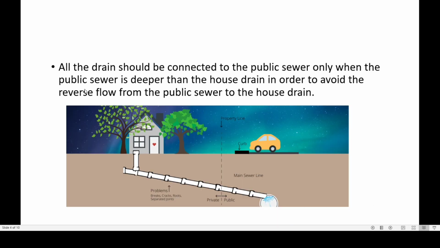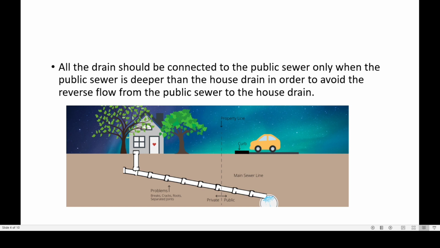Principle number 2, all the drains should be connected to the public sewer only when the public sewer is deeper than the house drain, in order to avoid the reverse flow from the public sewer to the house drain. That is another principle. When we look at the illustration on the screen, it easily explains that point.